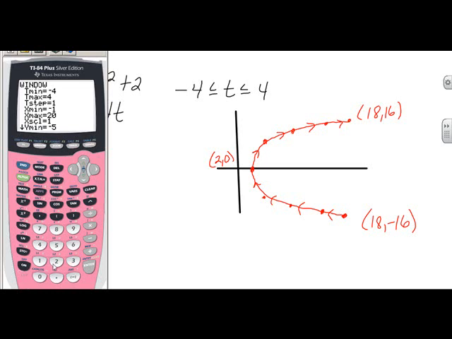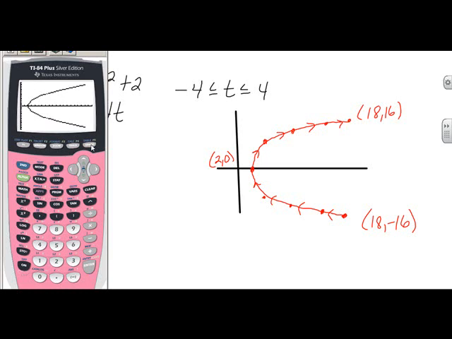X scale of 1 is going to be fine. Our y minimum is -16, so I'm going to go a little bit smaller than that. Y maximum is +16, so I'm going to go a little bit larger than that. Y scale of 1. Now again, if I remember to set the calculator up to show you the ball and chain, here we go. It will be very, very obvious when that curve is sketched, the positive orientation.